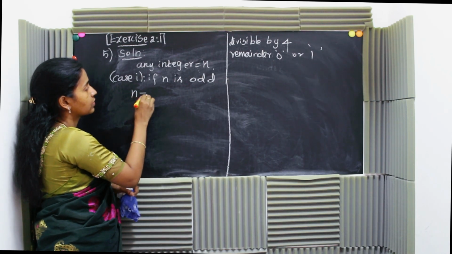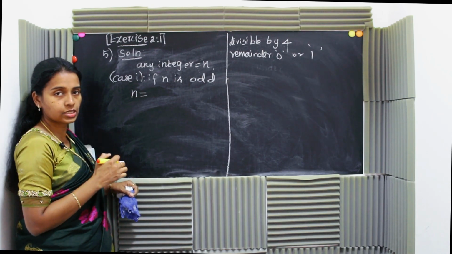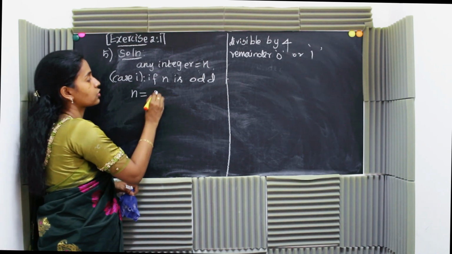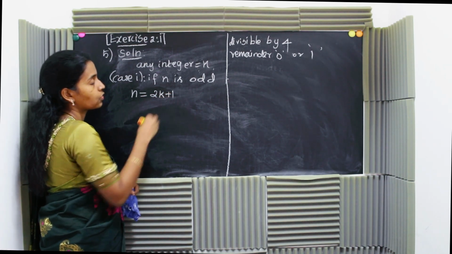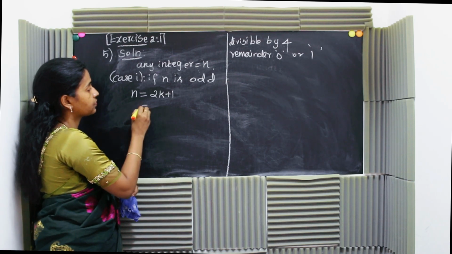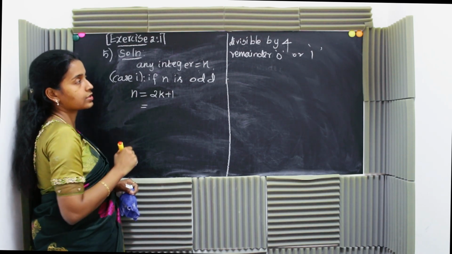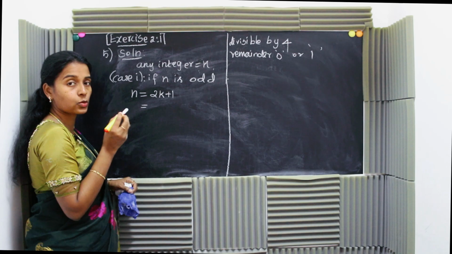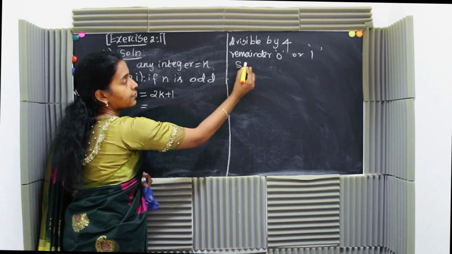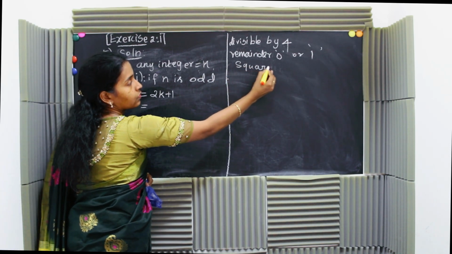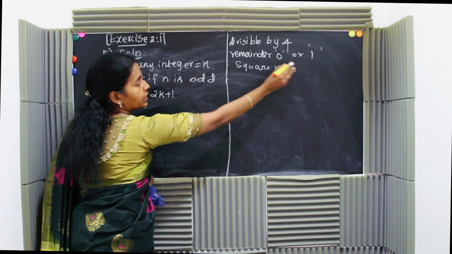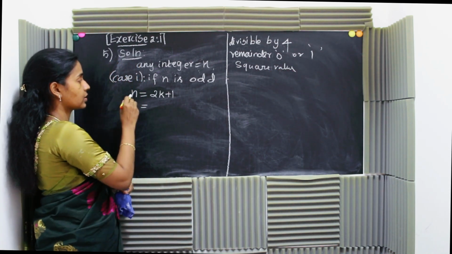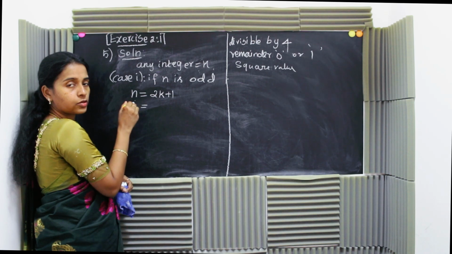Now I should write the formula for creating odd numbers. That is 2k plus 1. Next, what is given in the question? We need to find the square value of any integer. So this is the integer, and I need to find its square value.